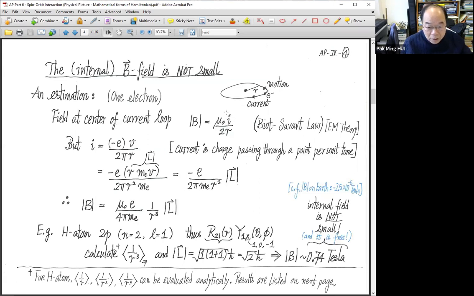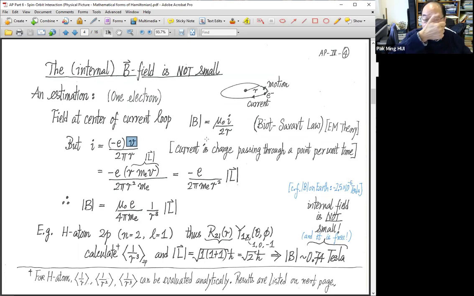So we need to estimate the current. If the electron is moving with velocity v, speed actually, then the circumference is 2 pi r. And what is current? Current is charge passing a point per unit time.